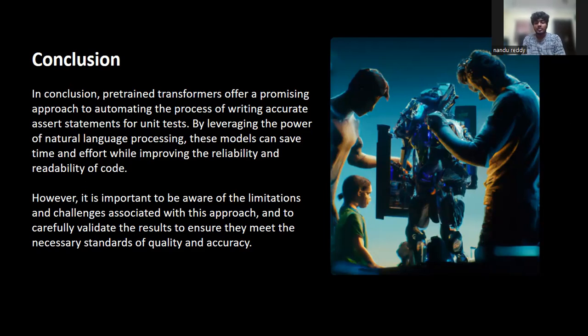By this transformation, the risk of human errors decreases, and accuracy of unit testing also improves. Assert statement generation represents an exciting new era of research in software testing, with the potential to greatly improve the efficiency and accuracy of unit testing in a variety of contexts, meeting the necessary standards of quality and accuracy.